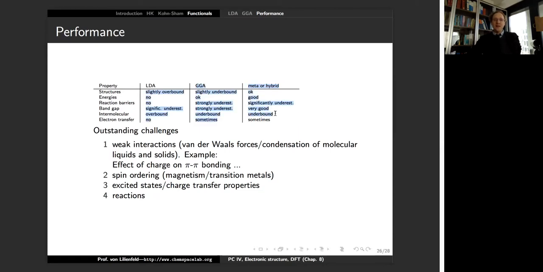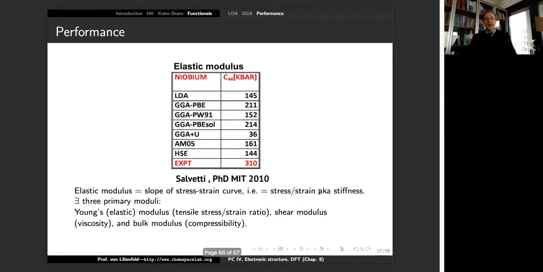And here you have a little overview of what you would typically expect for these functionals. Outstanding challenges of DFT are weak interactions, spin ordering, excited states, and charge transfer. So if you apply electric fields, this is difficult. Of course, also combinations thereof, as well as chemical reactions.